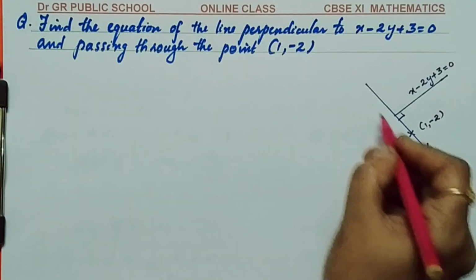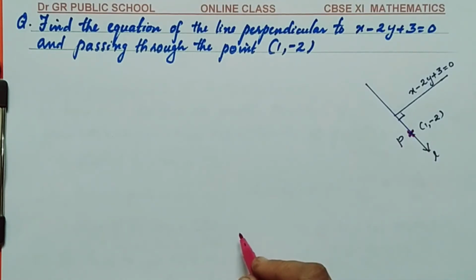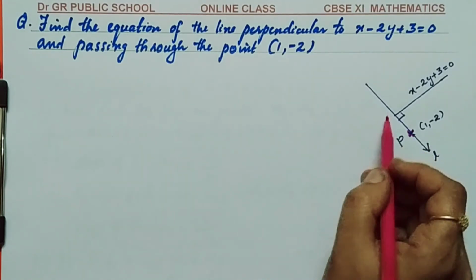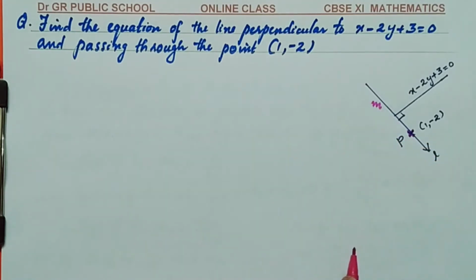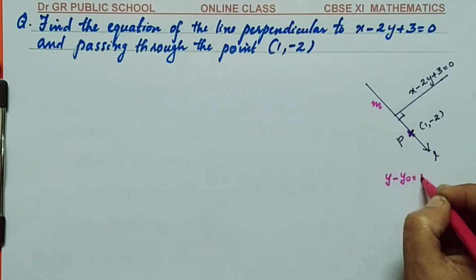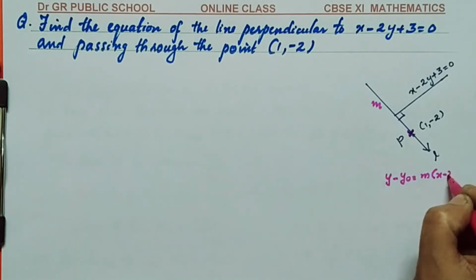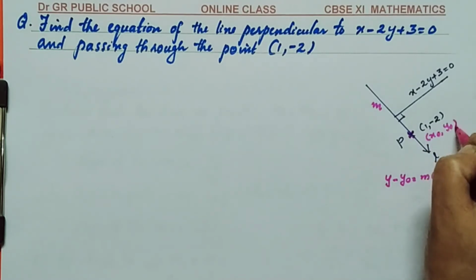The line L passes through the point P. So the passing through point is obtained for you. So if we can find the slope m of this line, then we can find the equation of the line with the point slope form. What is the point slope form? y minus y naught equal to the slope m into x minus x naught, where x naught, y naught is the given point.